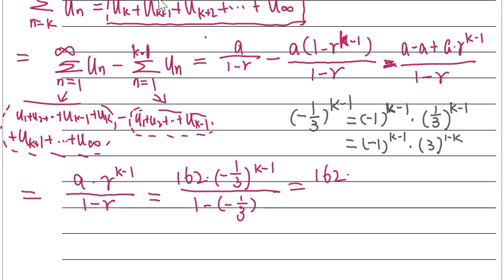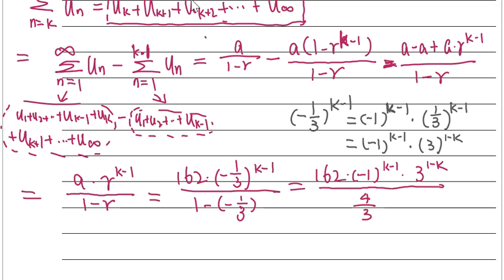So on our numerator, we've got negative 1 to the power of k minus 1 times 3 to the power of 1 minus k.